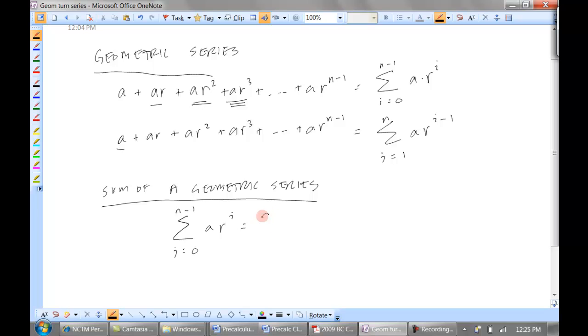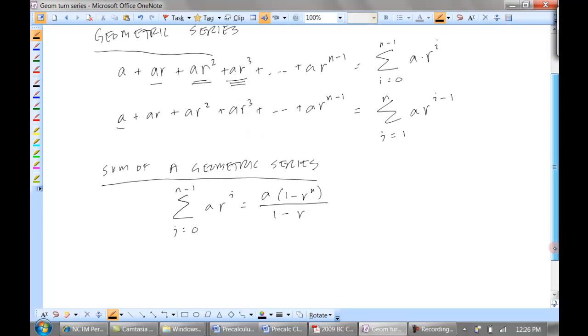It's the first term a times 1 minus r to the n all over 1 minus r. Okay, so that will give you the sum of a geometric series. And you can do that on your calculator as well.